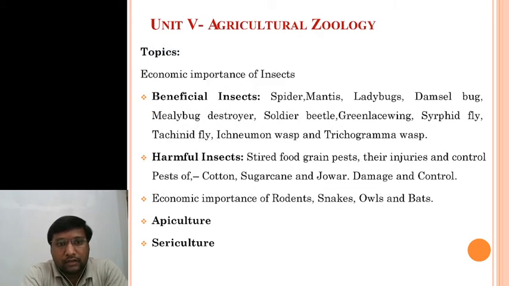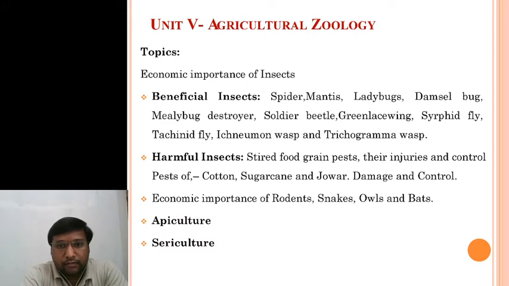Now we start with a part of economic zoology. It is agricultural zoology, unit number 5. The topics under this agricultural zoology are, first, economic importance of insects, beneficial insects. Then we will discuss harmful insects.